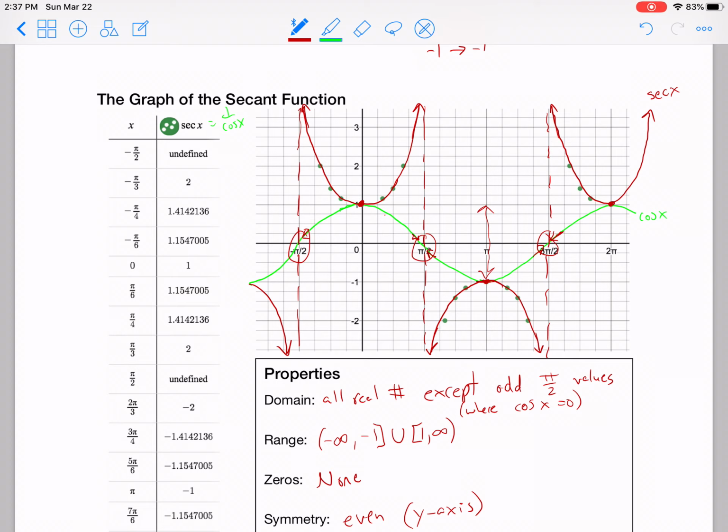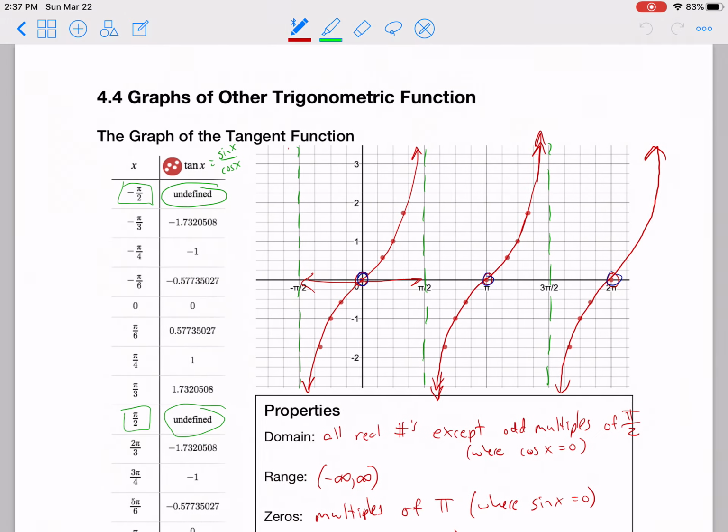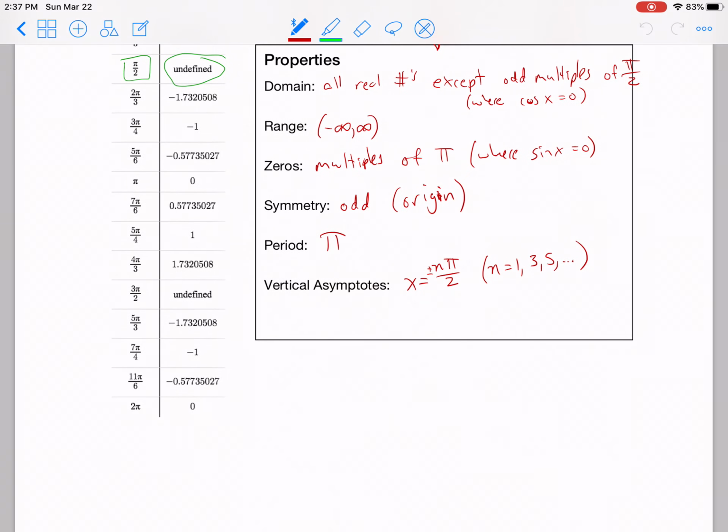So to fully repeat, we need an upward U and an upside down U, just like that. And so we're going to have a period of 2 pi, and our vertical asymptotes are going to be at just like they were back for this one, where we had this, which I probably should have put the plus or minus in here, but plus or minus these.